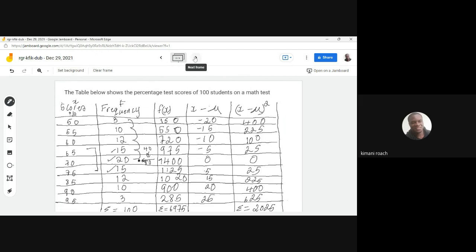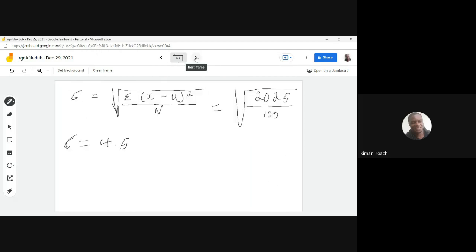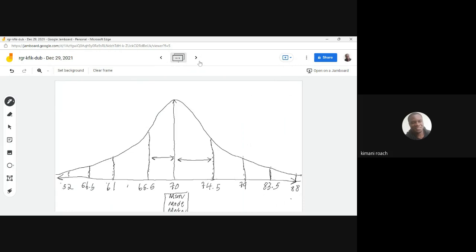And so we know that when we have a normal distribution curve, the majority of our data set is going to fall within the first standard deviation, both sides of my mean score.